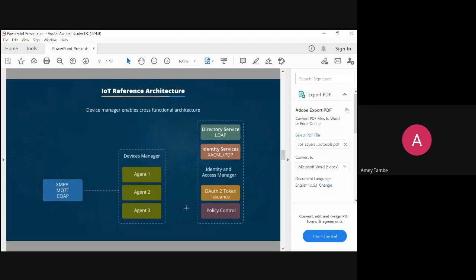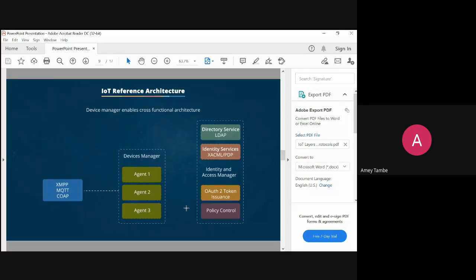Once we have this architecture ready to go, then for security we'll be implementing IAM. There are different stacks of IAM. This is not a security session, so I won't be deep diving into IAM, because if you see the gravity of every single protocol or section in the IoT reference architecture, each has so much to tell.